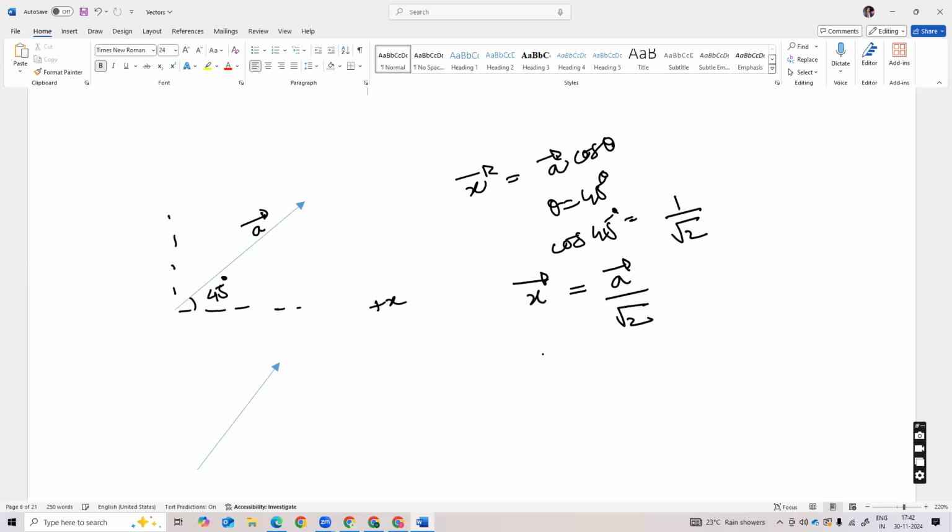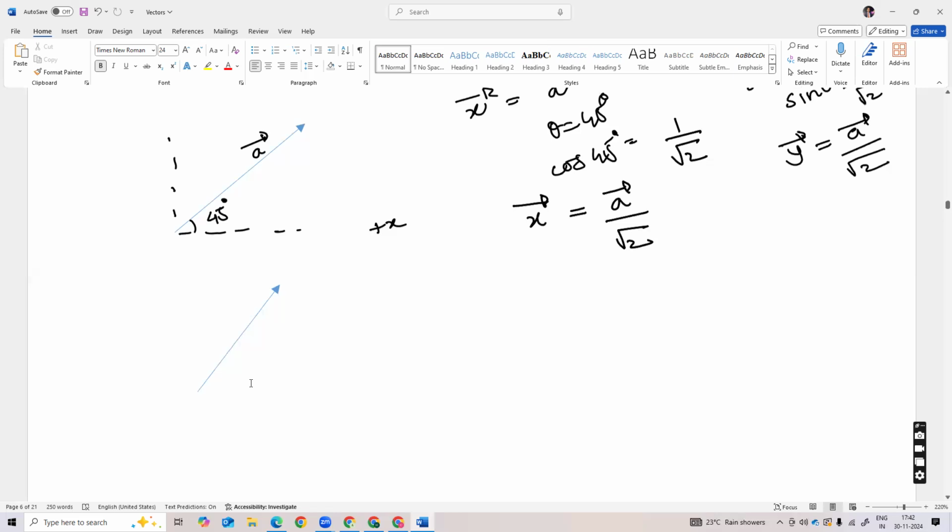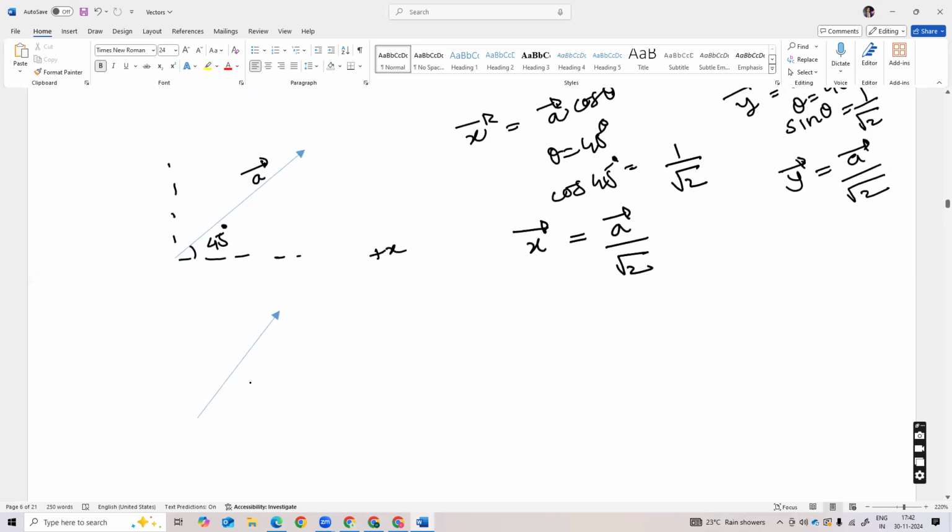Similarly, the y component can be found out as a sine theta. Again, for theta equal to 45, sine theta is equal to 1 by root 2, and therefore the resolved component along y direction is also a upon root 2. Now you can take plenty of examples like that. In exam also there is a possibility that a question may come from this part.